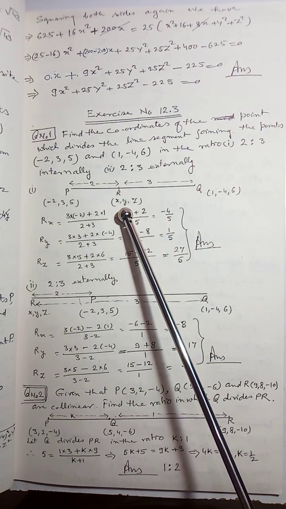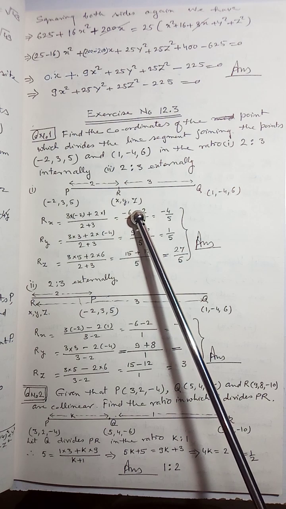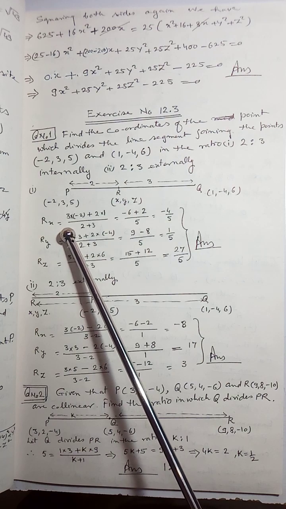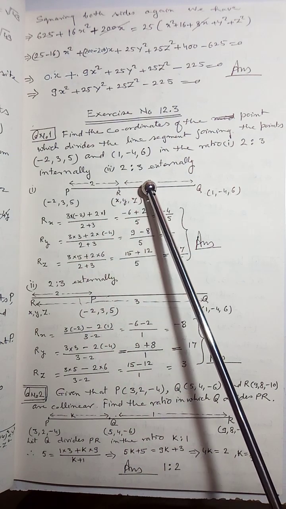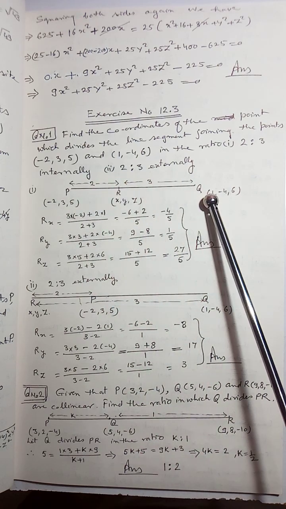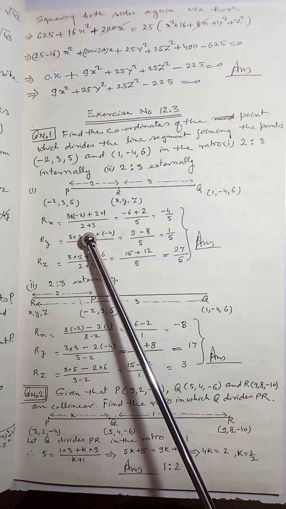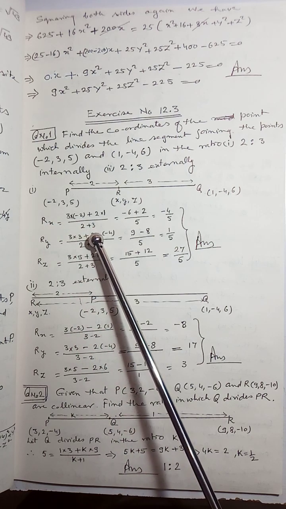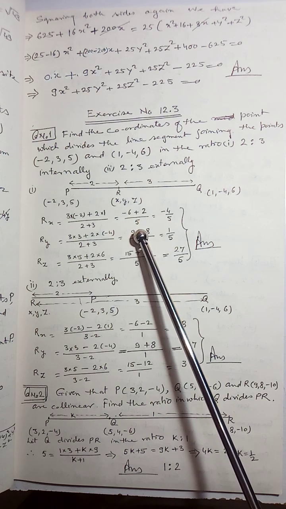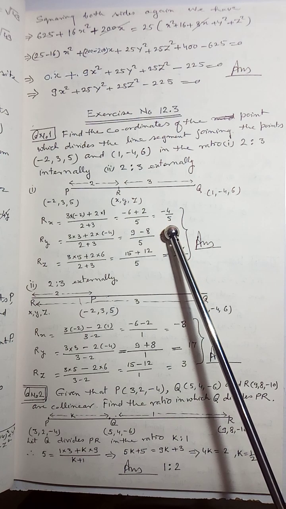Let R be the point (x, y, z). So Rx will be equal to 3 into -2 plus 2 into 1, whole divided by 2 plus 3. It will be equal to -6 plus 2 divided by 5, and ultimately it will be -4 by 5.